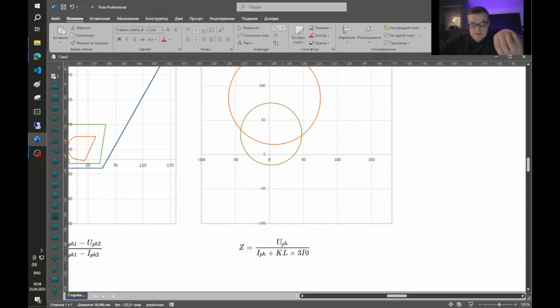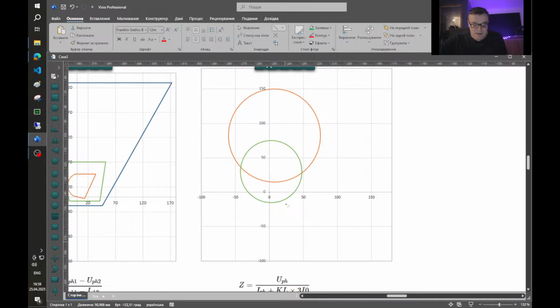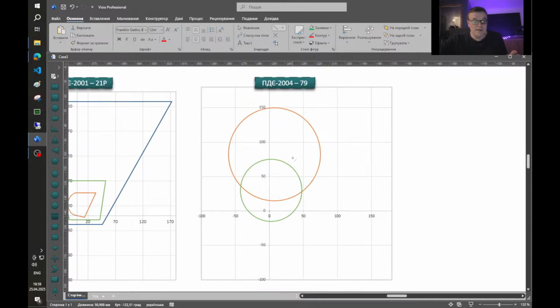The impedance is calculated with classical equations for single phase with compensating factor.